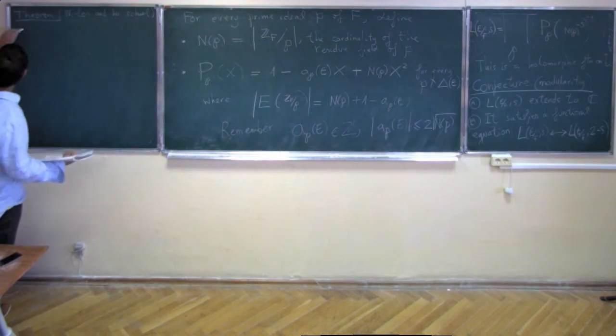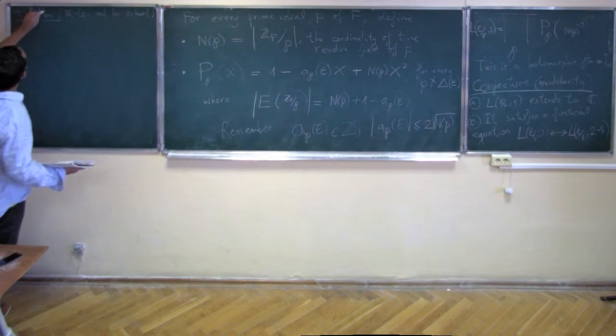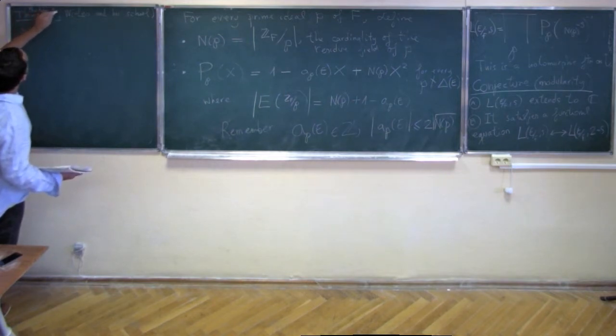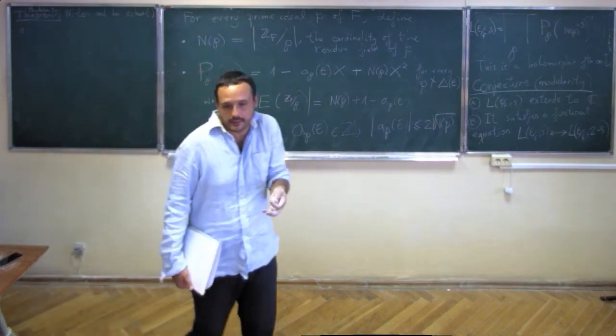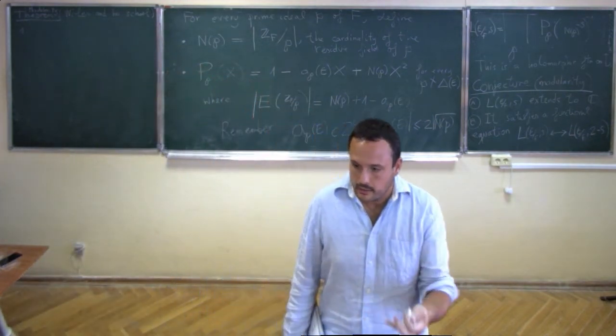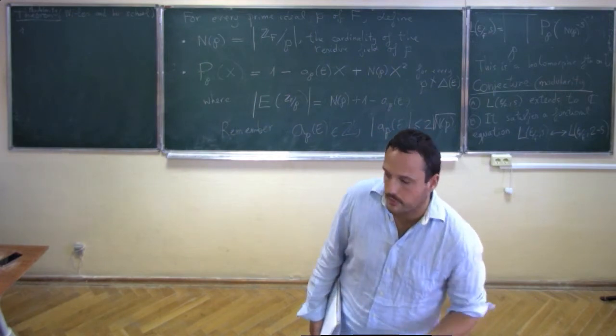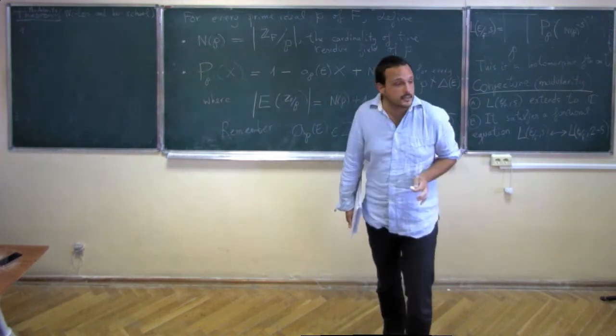The first, let me call it the modularity theorem, because later you will see that modular forms and modular curves, which I haven't introduced yet, play an important role in the proof of this theorem. But for now, let me just state the theorem.